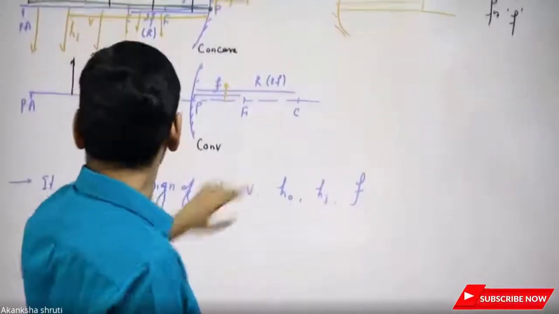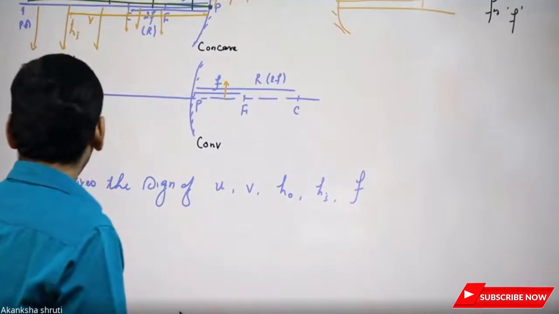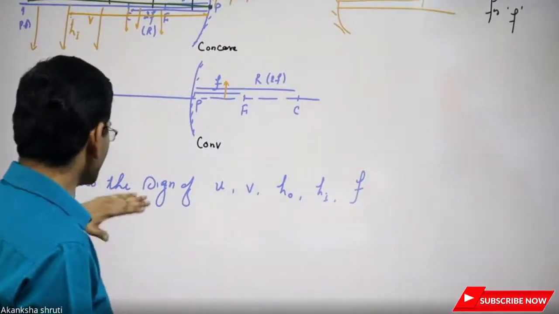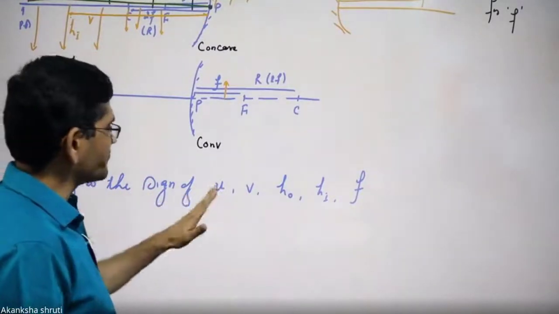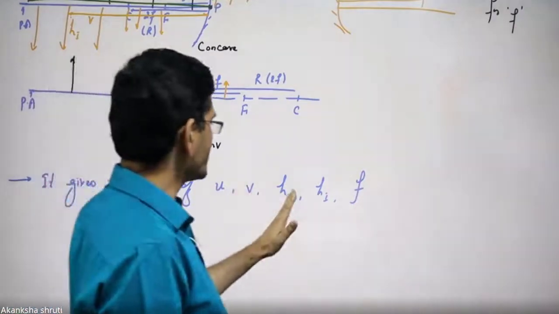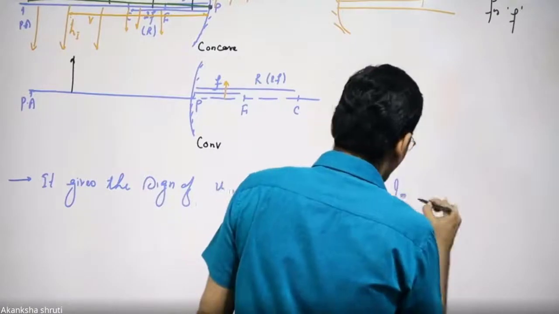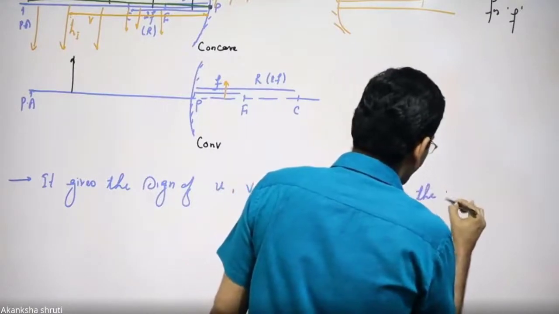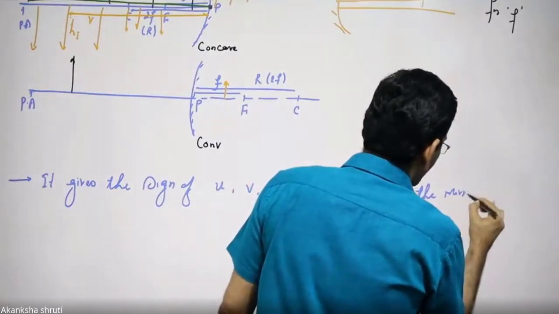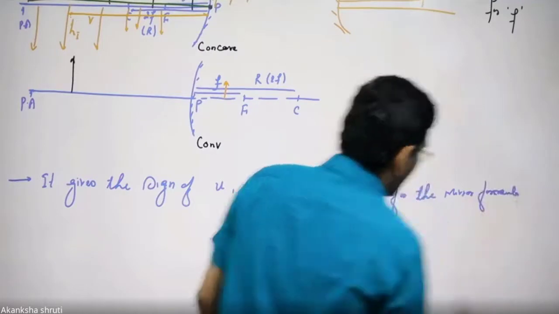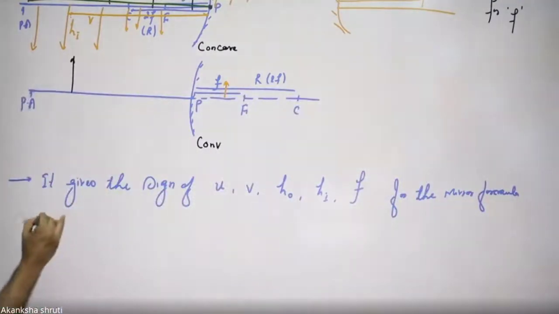So the sign convention gives the sign of object distance, image distance, height of object, height of image, and focal length for the mirror formula and magnification.